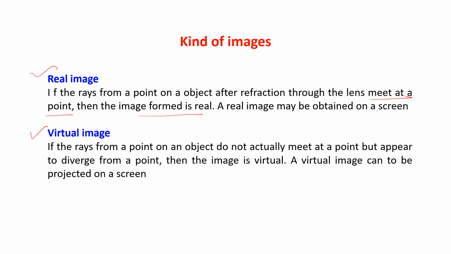A real image may be obtained on the screen. Virtual image: if the rays from a point on an object do not actually meet at a point but appear to diverge from a point, then the image is virtual. A virtual image cannot be projected on a screen.